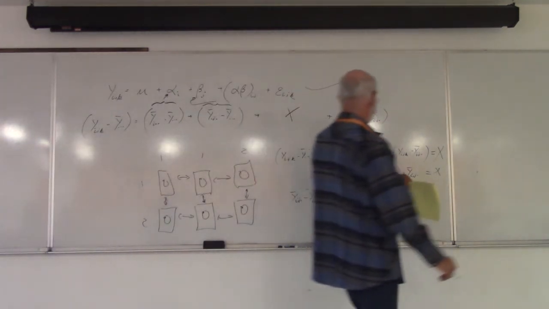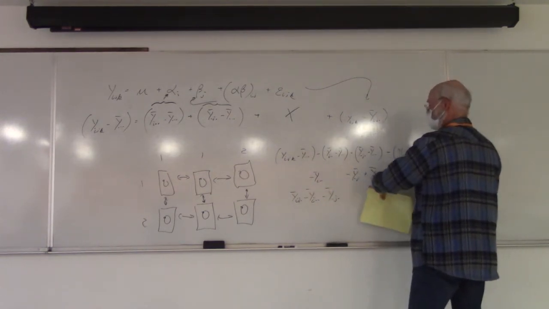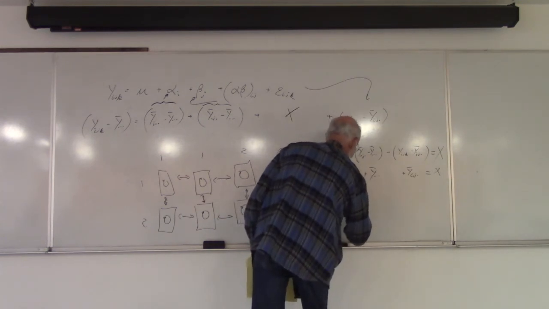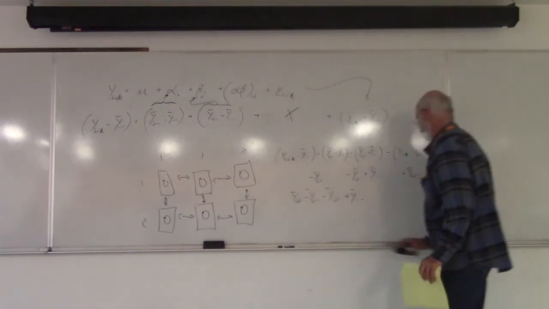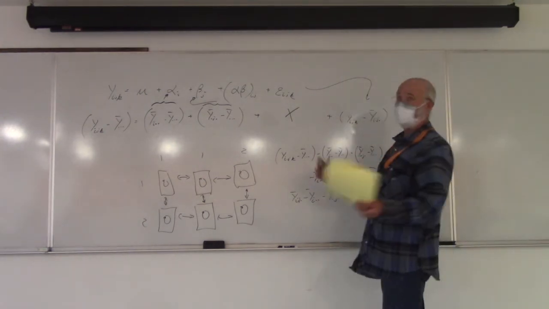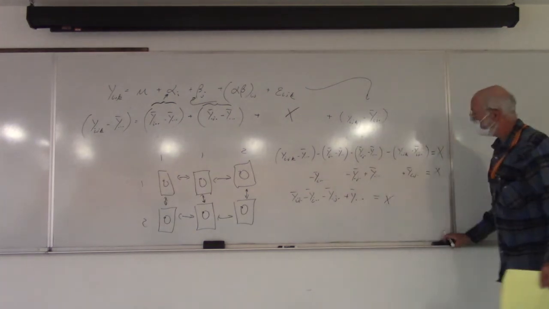Oh, I've already done this one. Right? I moved that one over there. So now plus ȳ... Yay, team. I thought I had screwed up. I no doubt that it's not an uncommon occurrence, but all right.